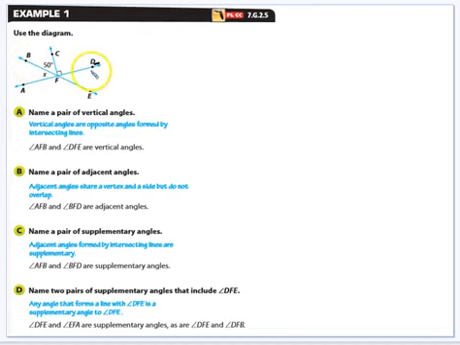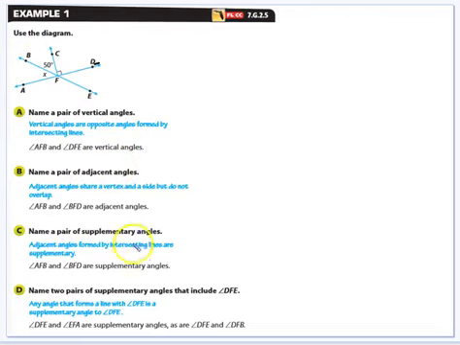AFB, BFD. BFD, big freaking deal. It is, class. You need to know it, okay? AFB, BFD, adjacent angles. Take notes. Write this stuff down. It's important, okay?